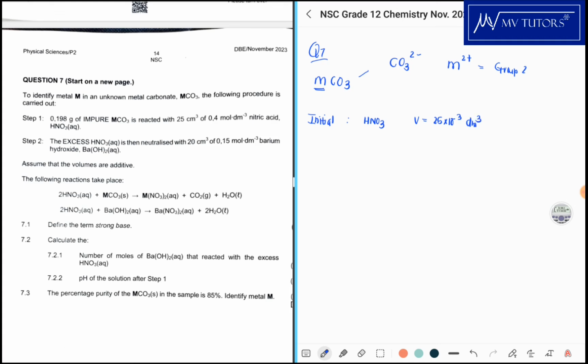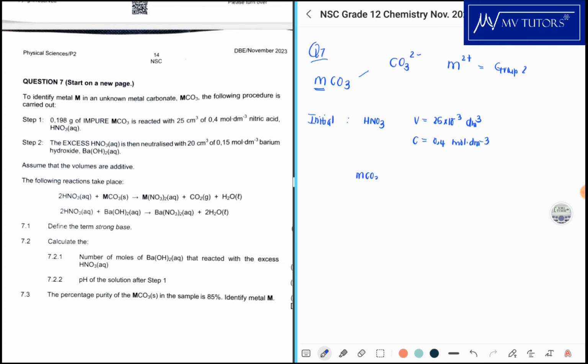All right, and we have a concentration of 0.4 mole per cubic decimeters. Okay, and also for this impure metal carbonate, we know that the mass is 0.198 grams. Okay, so this is impure.